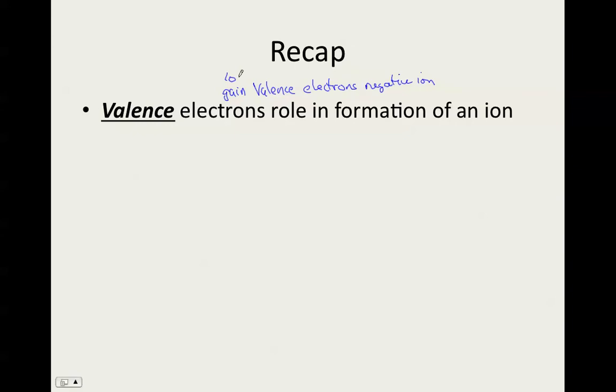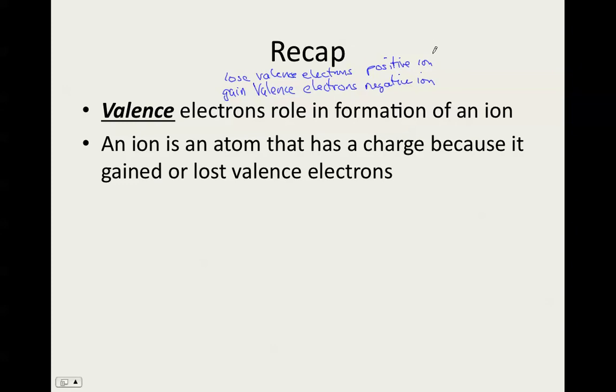If you lose valence electrons, you become a positive ion. So an ion is an atom that has a charge because it has either gained or lost valence electrons.